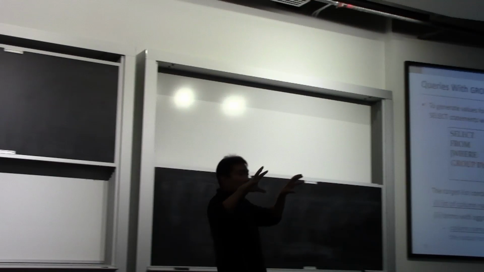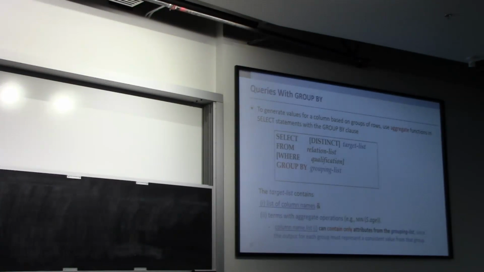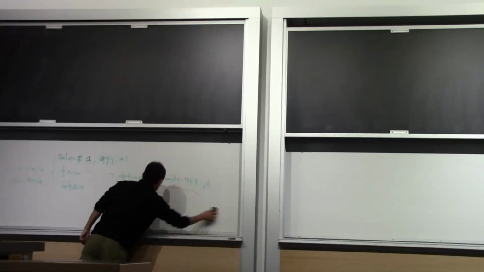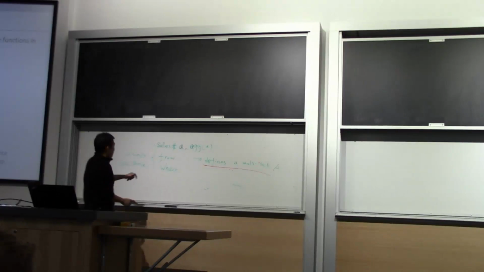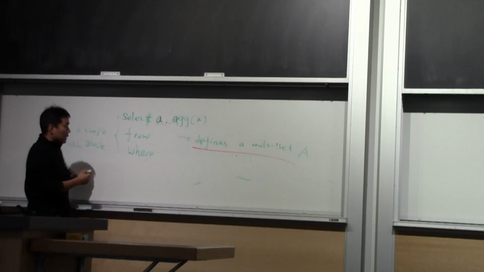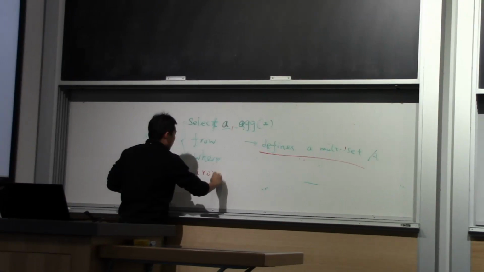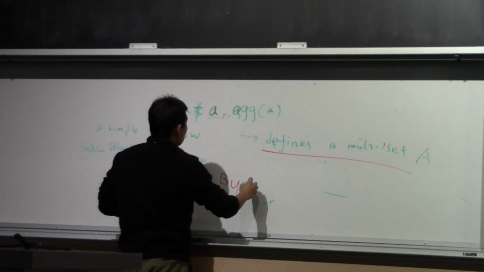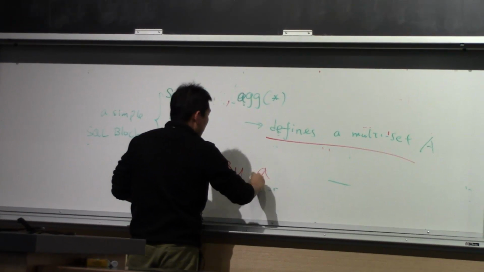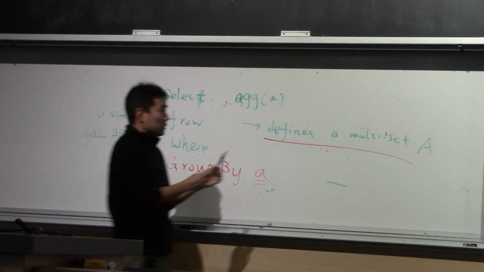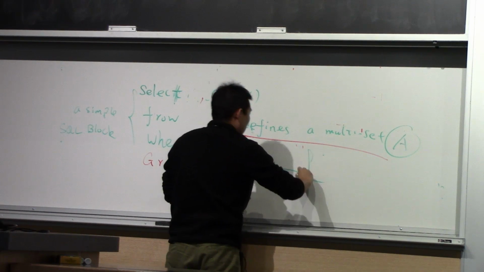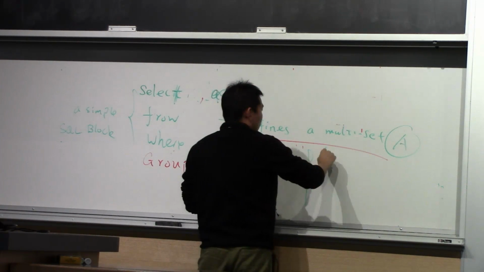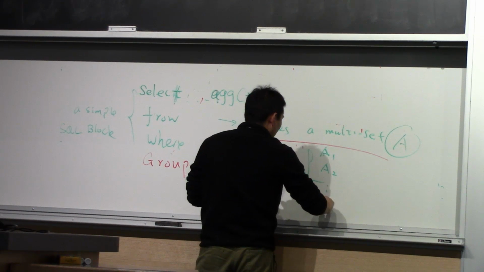So now, if I continue from the discussion here, really what's going on is you have a marked set A defined by this select from where clause, and you add another group by attribute small a to it. What happens is this set of records A will be grouped into a set of different groups, A1, A2, until maybe AM.